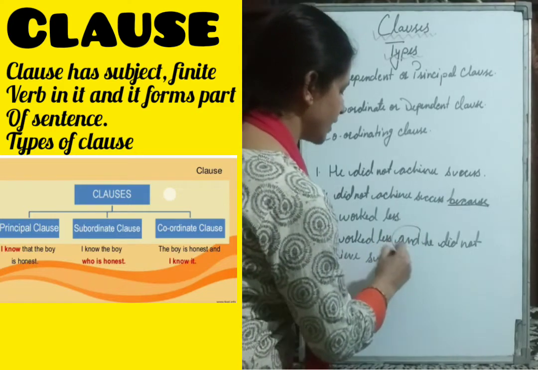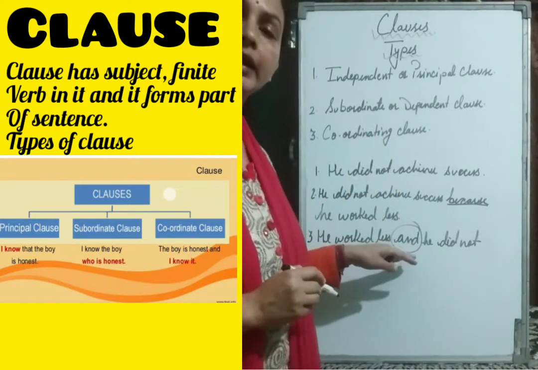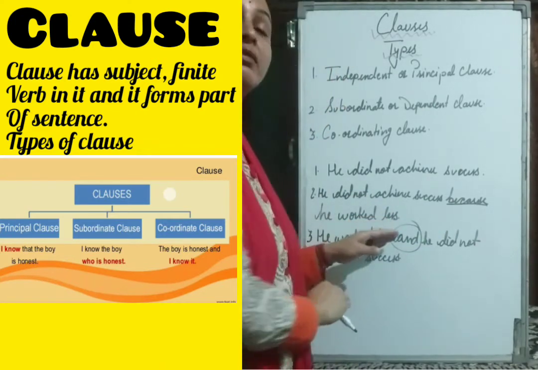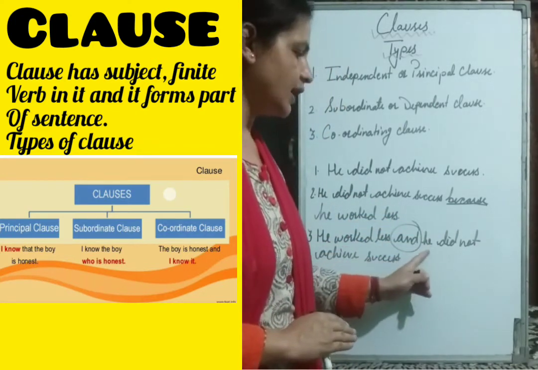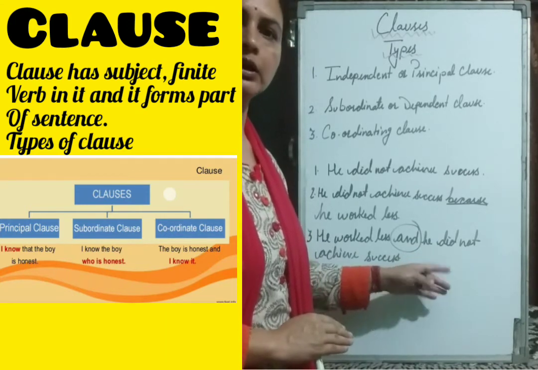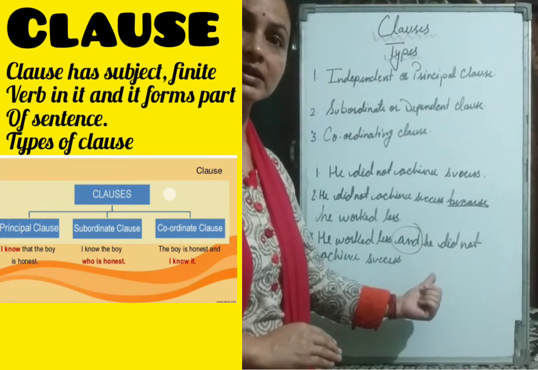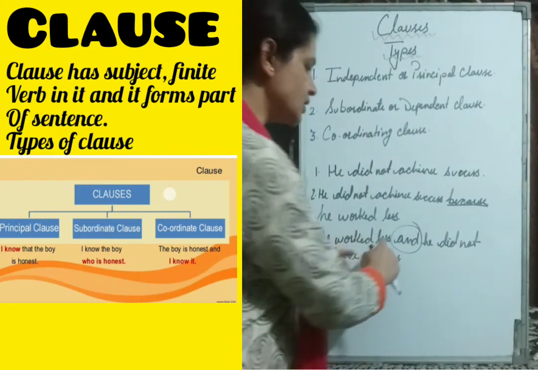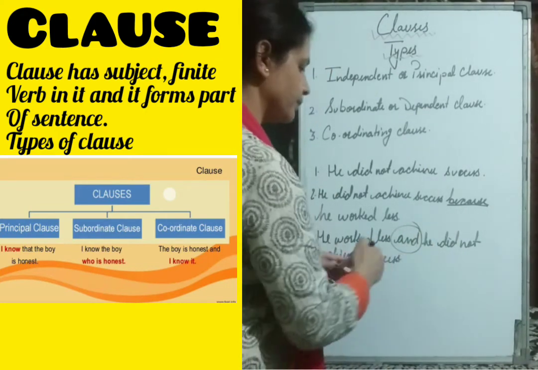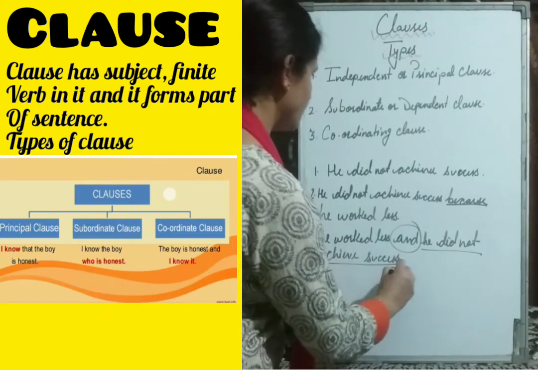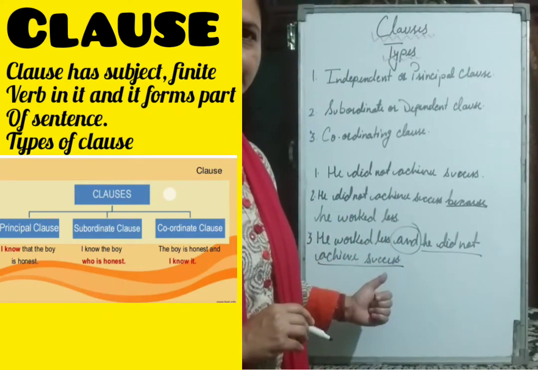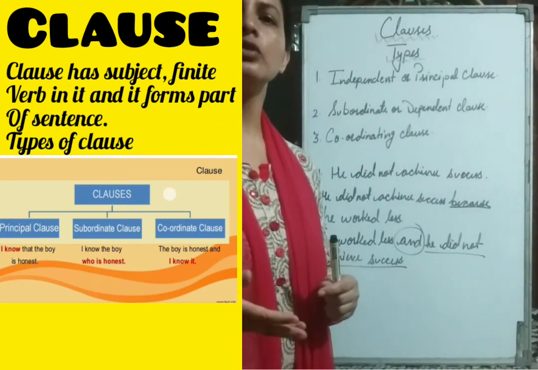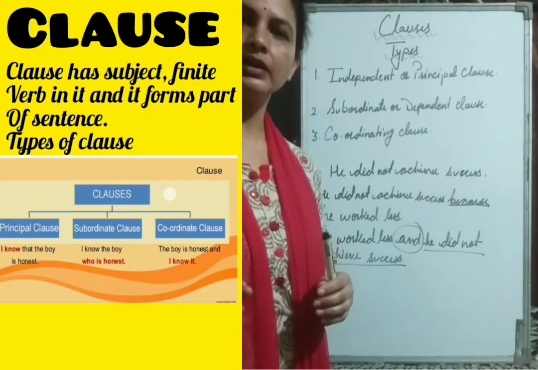Now children, this is a coordinating connector. And after this coordinating connector, we have mentioned details about this subject, he. He did not achieve success. So here is the subject, here is the finite verb. So this we call a coordinating clause. We are going to discuss kinds of clauses in the next video.